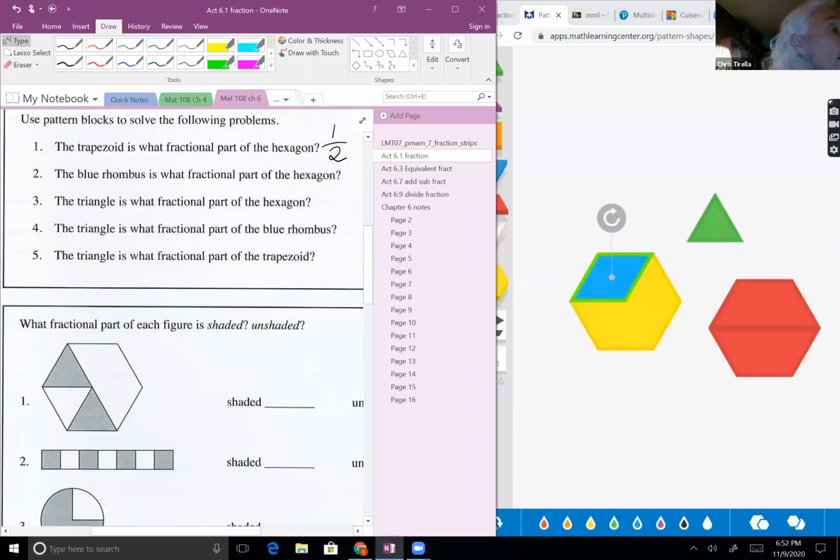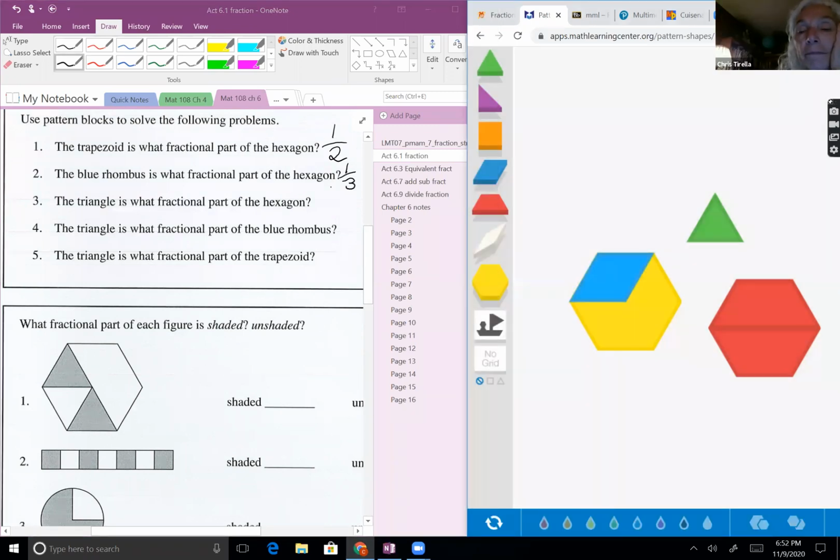Any ideas? 1/3. Why? Because 3 of the rhombuses fit on the hexagon. Beautiful. I like it.